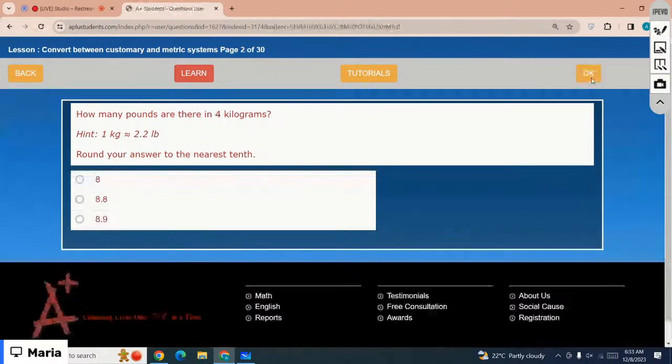Okay, the next one is how many pounds are there in 4 kilograms? 1 kilogram equals 2.2 pounds. So which is the correct option?